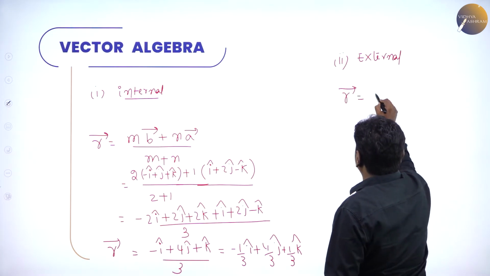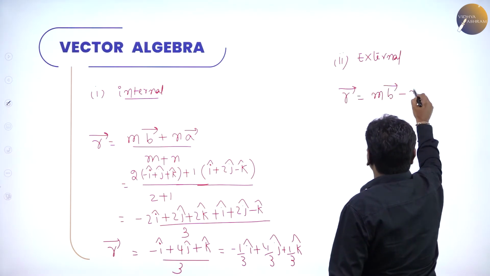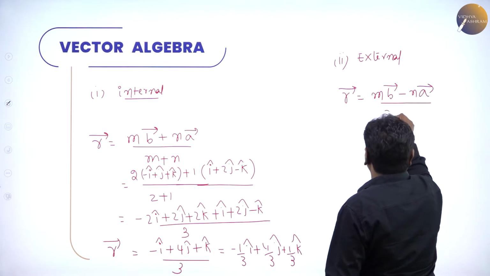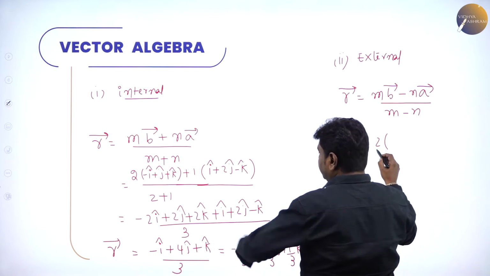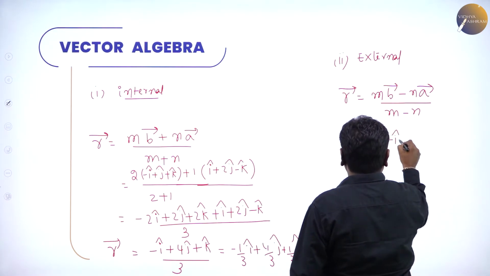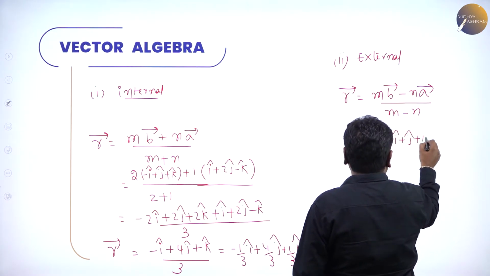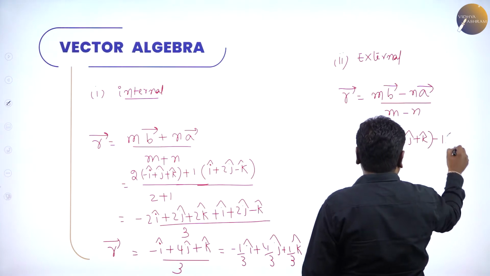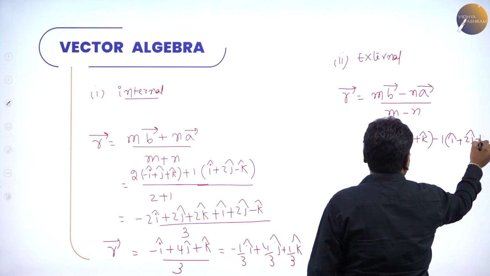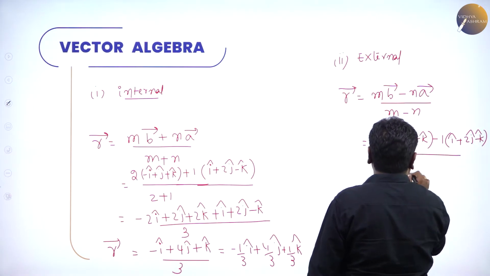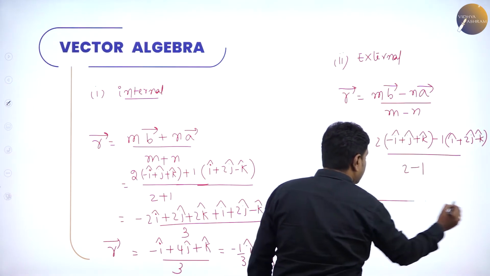Vector R is equal to m vector B minus n vector A divided by m minus n. So what is the m value? 2 into what is vector B? Minus i plus j plus k, minus n is 1 into vector A, that is i plus 2j minus k, divided by m minus n, that is 2 minus 1. You know 2 minus 1 is 1.